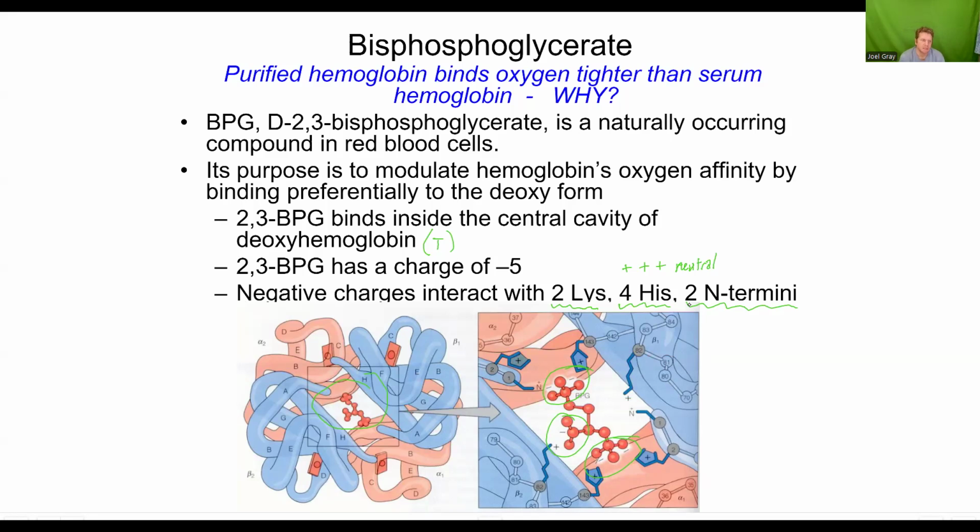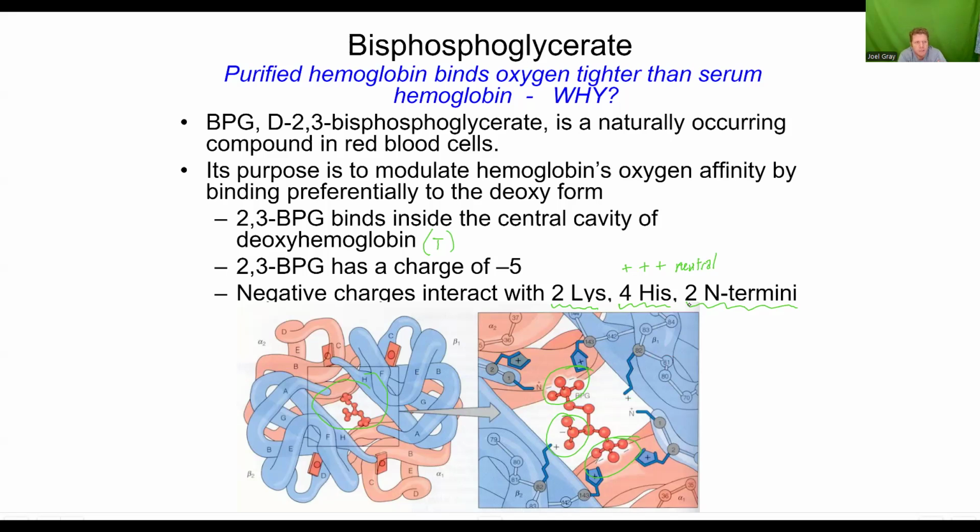Now, what that means is for the R state, I think it's helpful to remember that the R state exists, but it's a little bit more fluid in the sense that it is not necessarily set in stone.